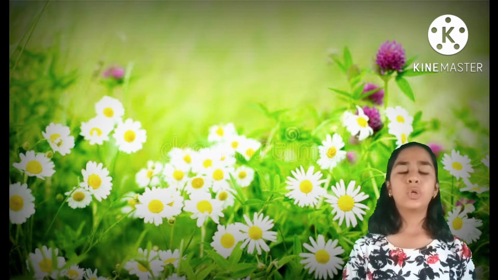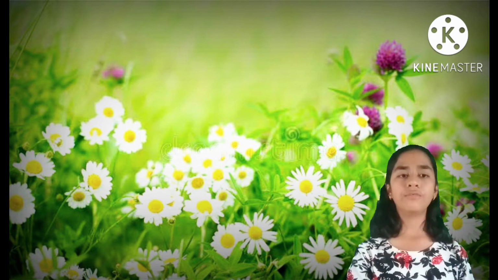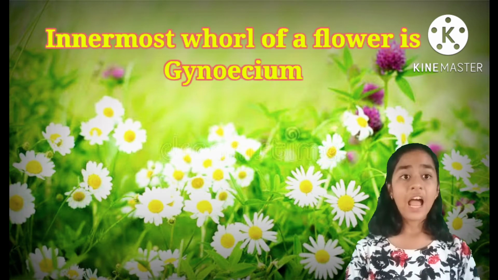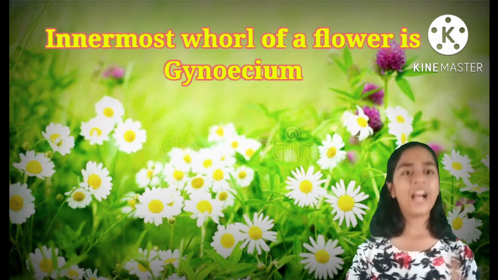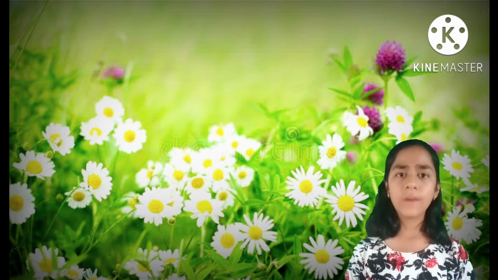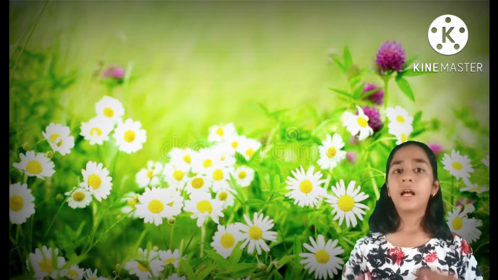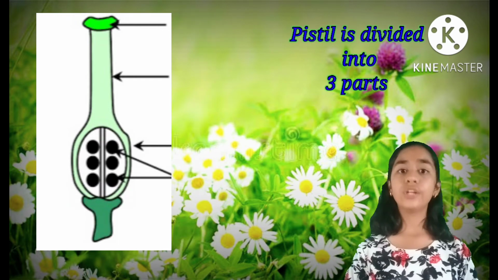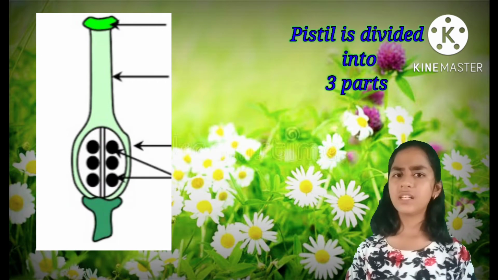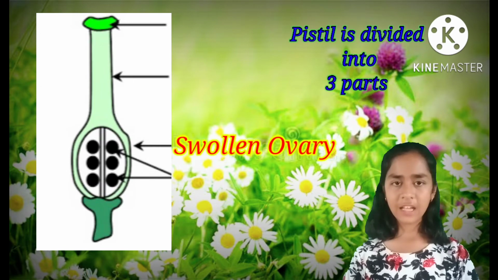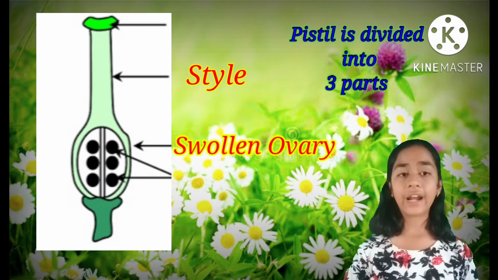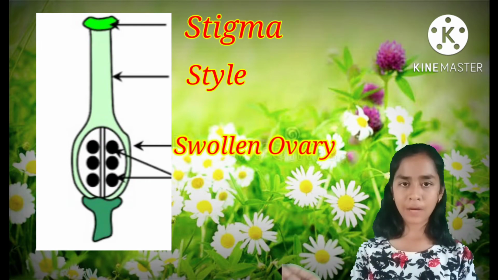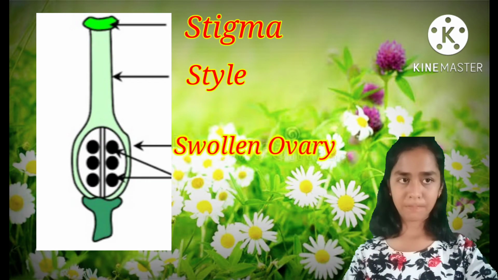Let's move to the last part of the flower, which is the innermost whorl, known as gynoecium. Gynoecium is made up of carpel or pistil, and the pistil is divided into 3 parts. The first is the swollen ovary, and a tube-like style arises from the ovary, which has an expanded stigma at its tip.